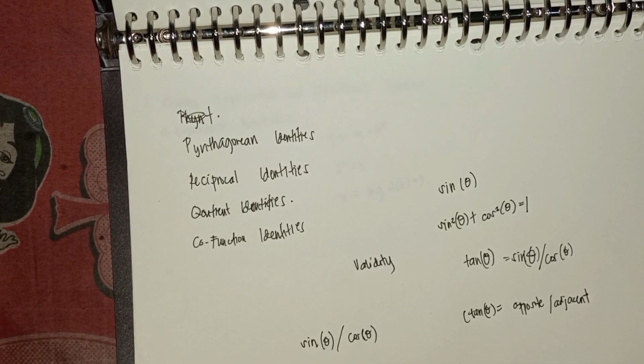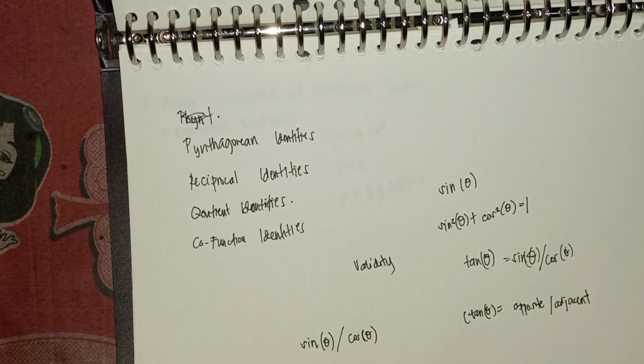And lastly, the third learning objective is to solve the values of trigonometric functions using identities. This objective involves using trigonometric identities to find the values of trigonometric functions. By manipulating equations and applying identities, we can simplify expressions and solve for unknown variables.